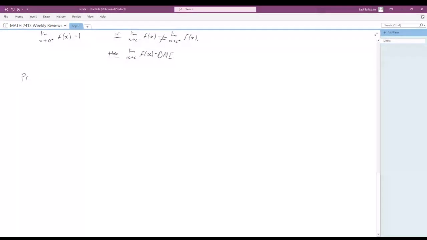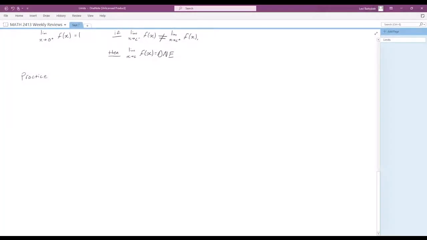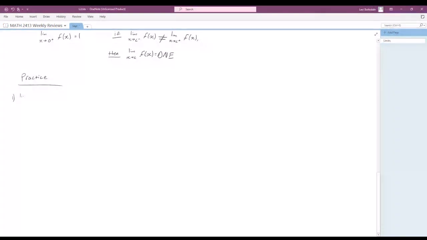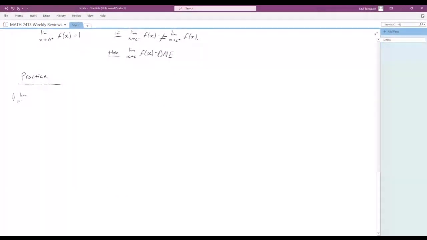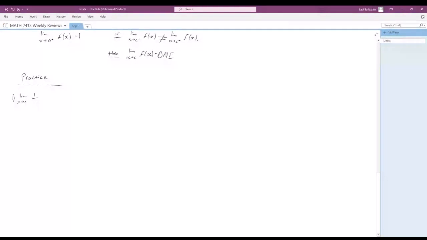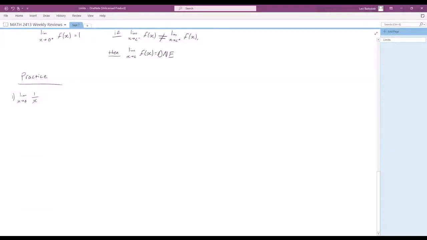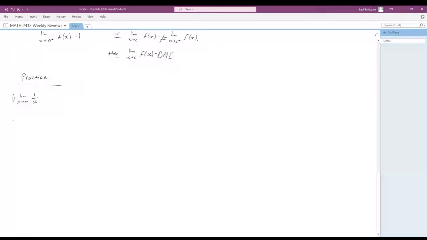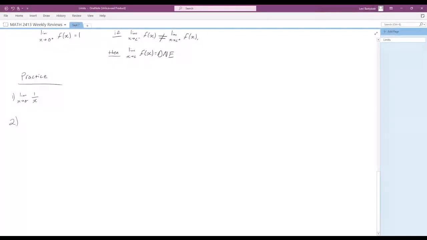All right, practice problems. We'll start with, again, something fairly simple. The limit as x approaches 0 of 1 over x. Except this time we're not going to be using any kinds of graphs. 0 from the negative side, I mean to add. You're welcome to draw your own graph if you want, but it is not necessary.